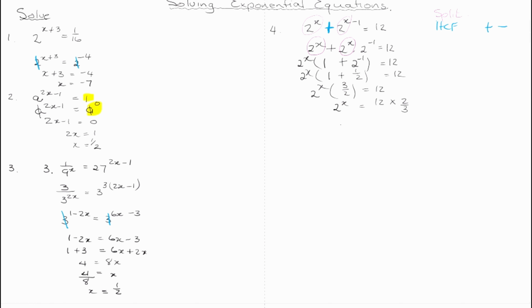So 2 to the x is equal to 3 into 12 goes 4, 4 2s are 8. So 2 to the x equals 2 to the 3. You may now drop a base on either side and you will end up with x equals 3.